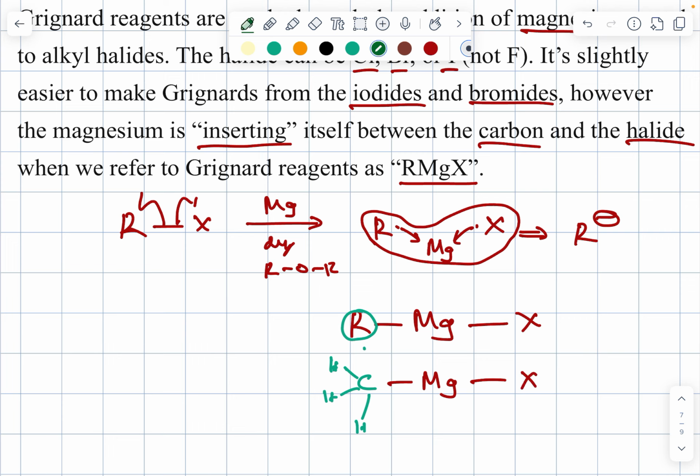This particular carbon-magnesium bond is covalent, but it is polar. And what about the magnesium and halide? It is ionic in nature. Carbon is a non-metallic p-block element, and magnesium is a metal, so obviously it will form a partially positive charge and a partially negative charge.